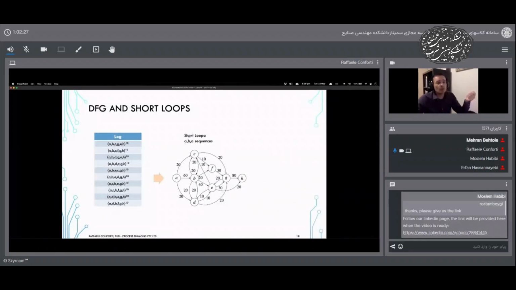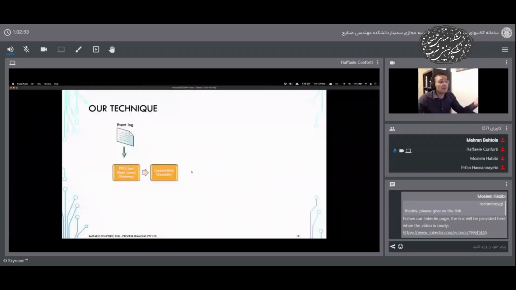We look for short loops, sequences of activity that are repeated one after another. Once we have this directly follow graph, this is the key point for any sort of process mining technique. In our case, we use this graph and we try to discover concurrency.